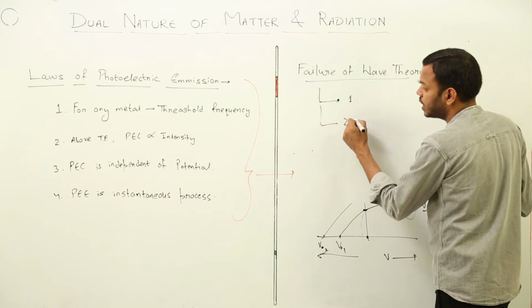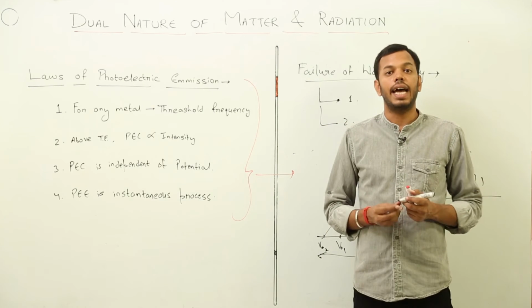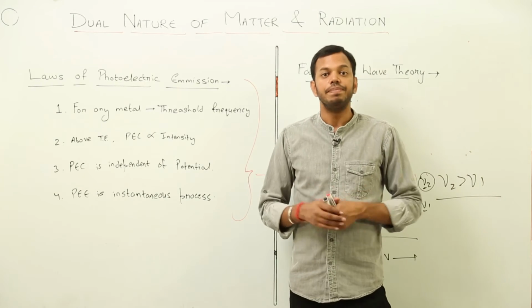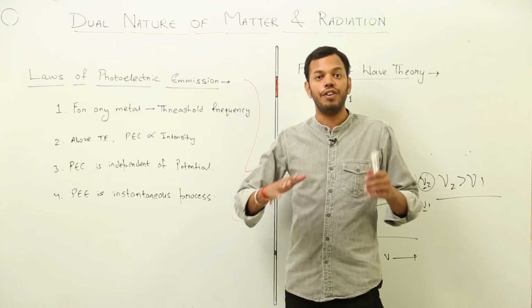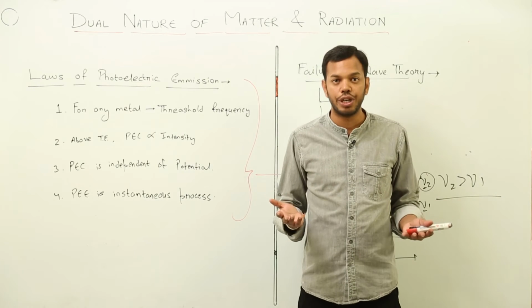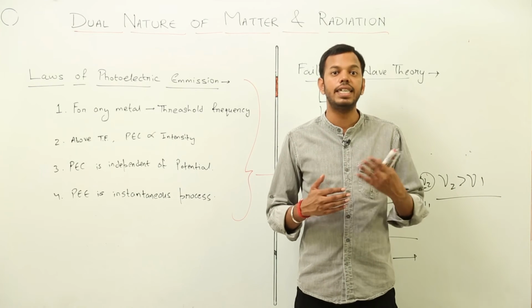The second point was, according to wave theory, light travels in the form of wavefront. Now, when this wavefront strikes a metal plate, what will happen? This wavefront forms a layer of energy which is evenly distributed everywhere. We have done this in detail in optics.